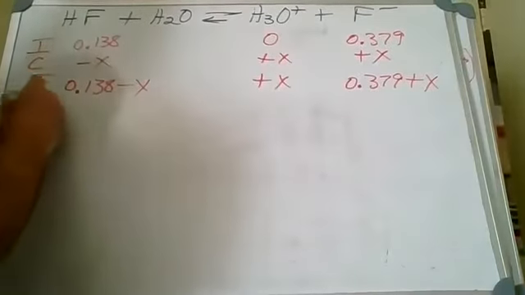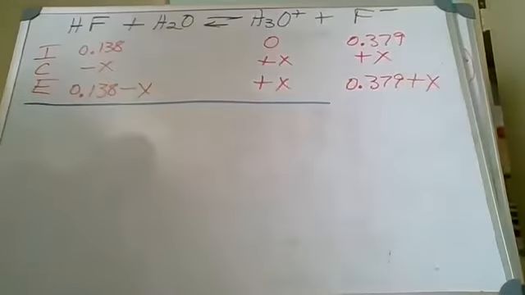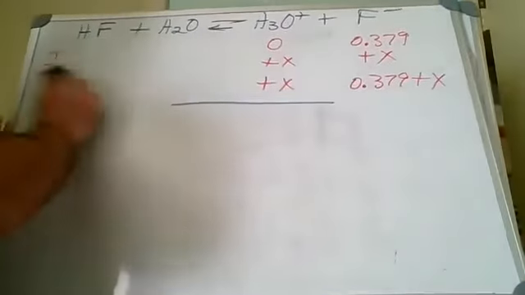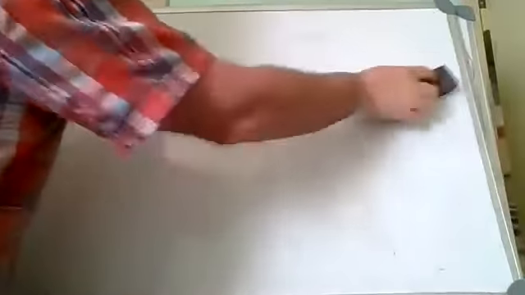We'll leave our ICE table up here. Actually, I don't think we need it anymore. So it took us like 3 or 4 boards to do that. So we'll write down the Henderson-Hasselbalch equation here.